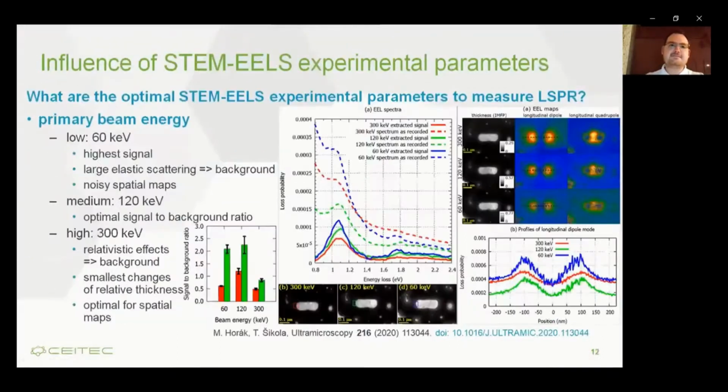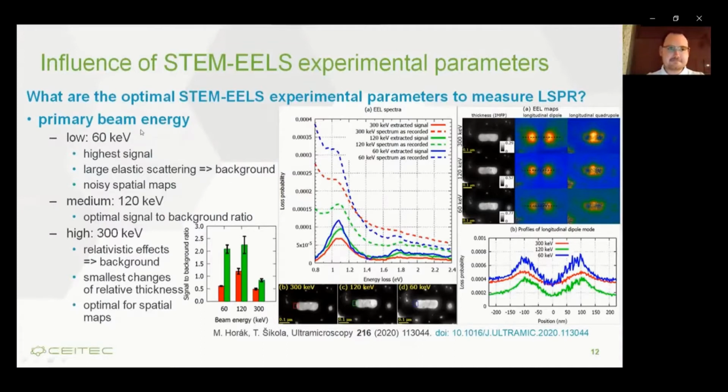So now let's move to the most important question for all electron microscopists. So what are the optimal STEM EELS experimental parameters to measure plasmonic resonances? The main critical parameter is the primary beam energy, which can be either low, medium, or high, depending on which TEM you have.